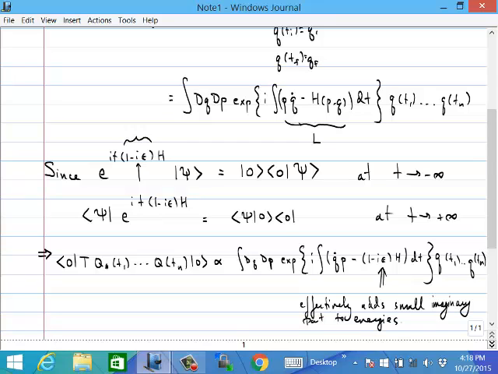And what that means is that this effectively projects us onto the vacuum state. So this is a handy little trick that will allow us to never have to worry explicitly about what the actual functional form of the ground state wave function, say, is when we're studying quantum field theory.